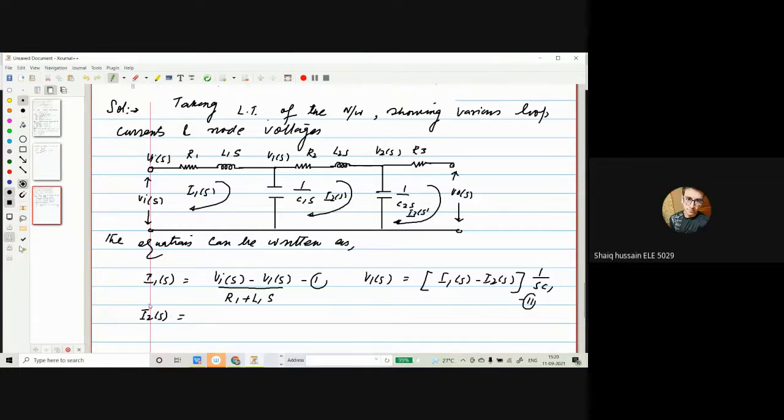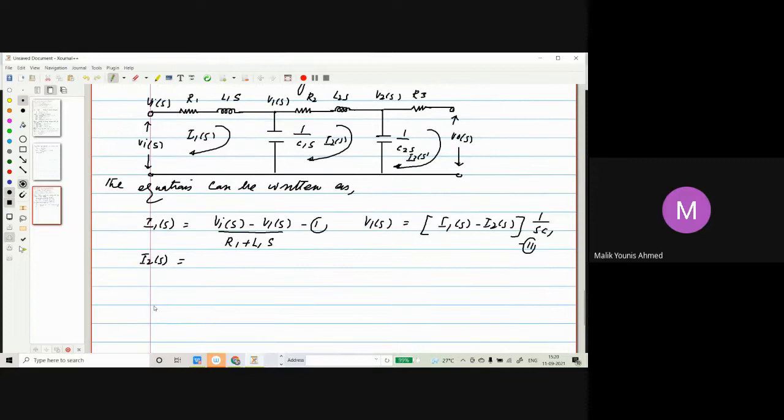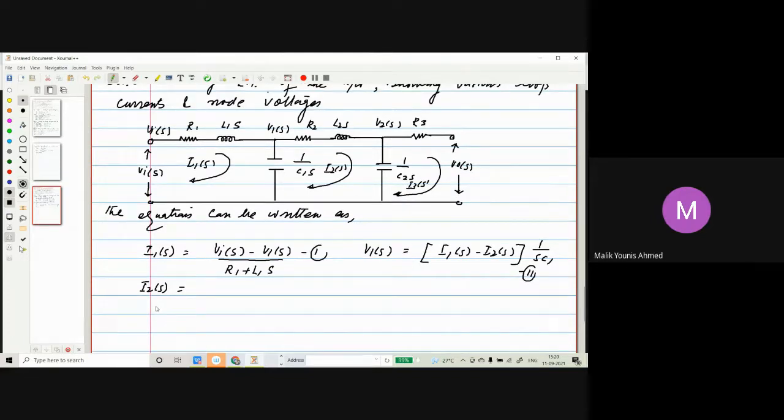Okay. Now, if I have to write I2 of S, how am I going to write? There were two capacitors. I think the third is also there, no? Oh, yes, the third is also there here. Anyway, no problem, it will not make much difference.